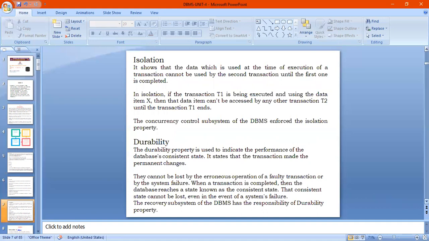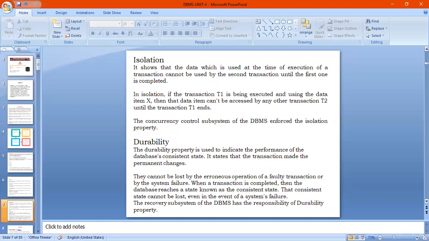Next is isolation. Isolation means that the data used at the time of execution of a transaction cannot be used by a second transaction until the first one is completed.